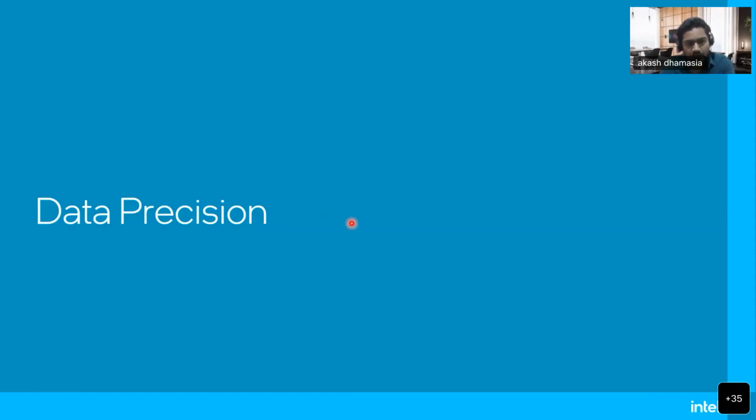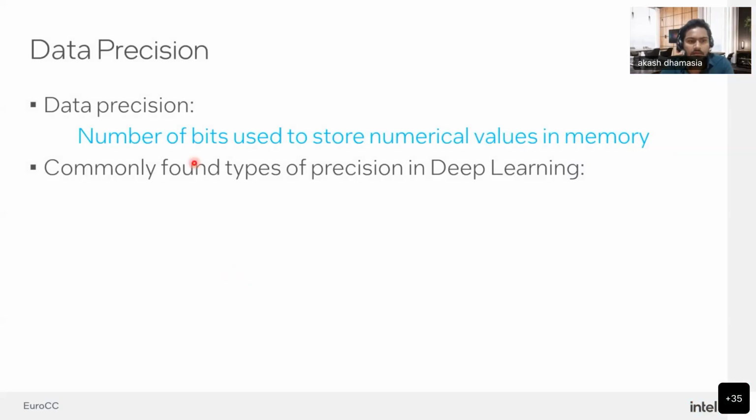Let's talk about data types. I was talking about int8, bfloat16, float16, and these kinds of things. Let's talk more about this. Data precision, or data type, is how your AI/ML application converts your values into multiple bits in binary fashion and stores them in memory.